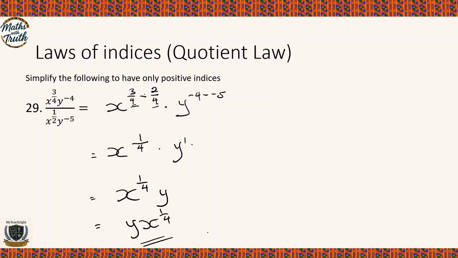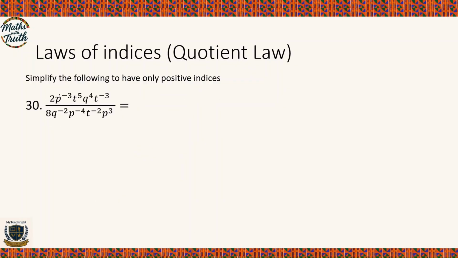Number 30. 2 into 2 one time, and 2 into 8 four times. And we also see that we have t here, t there, meaning we have some rearrangement to do. So we apply the product law of indices, and then we also have some rearrangement here to do.